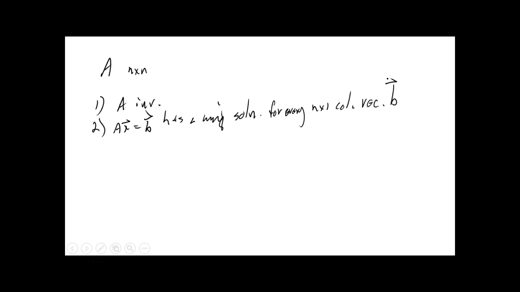Every one, no matter what it is, even if that column vector B is a 0 vector, then there's a unique solution. Of course, if it's a 0 vector, that unique solution will be the trivial solution, which would be all the components of X being 0.